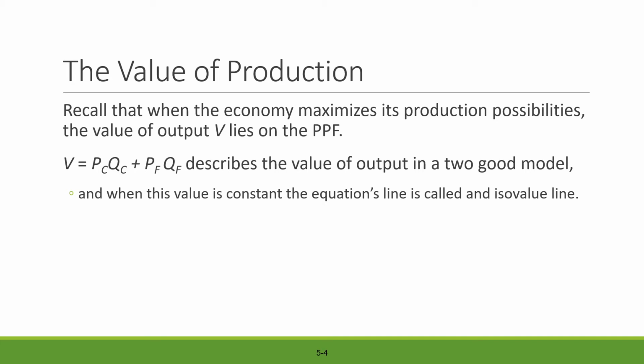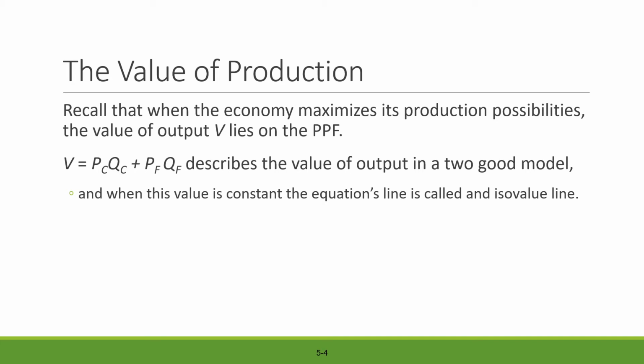This is how we determine the value of production, and if we want to keep the value constant, then we call it the iso value line.